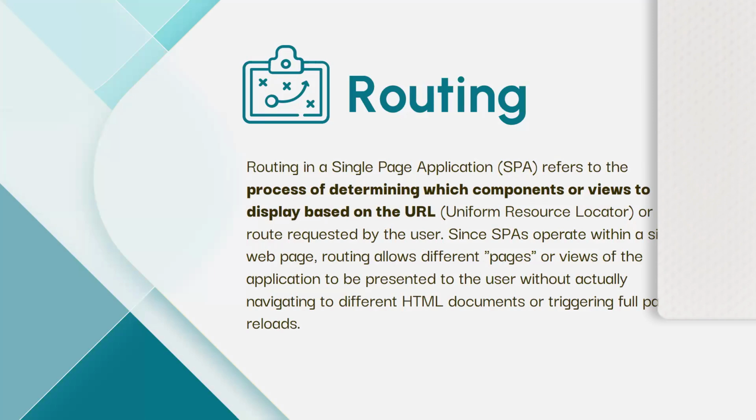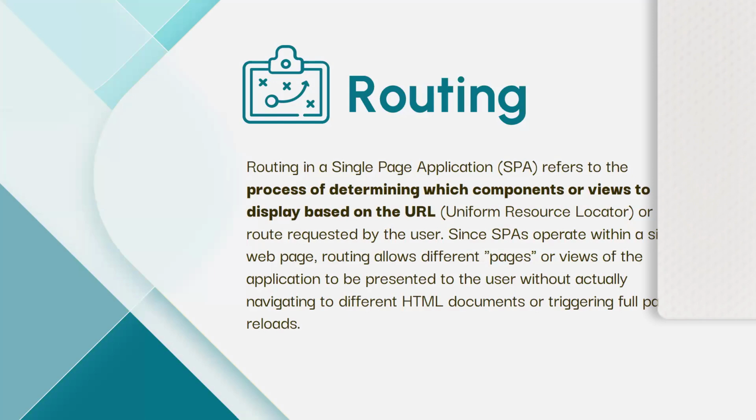So in the earlier example, if you want to navigate to the contact us page for the University of Moratuwa website, you'll go to um.lk/contact or contact us, whatever is applicable in our site. So the UI or the front-end framework will determine what is the page. Okay, the user is requesting to go to the contact page.